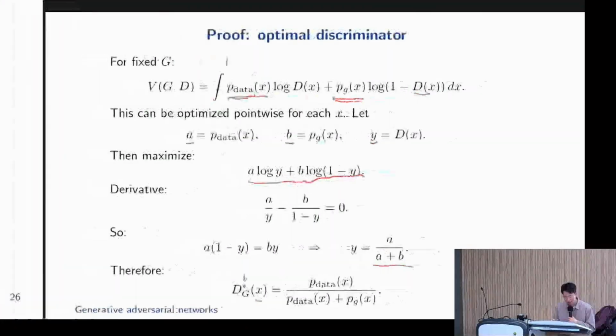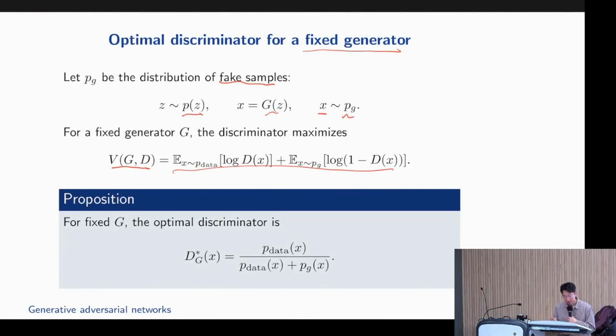So what does this mean? What's the meaning of the proposition? So what if the generator is perfect?